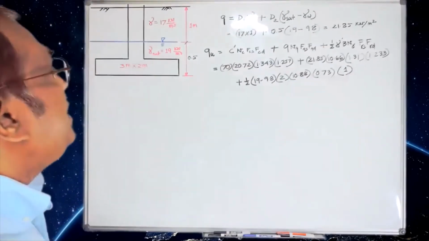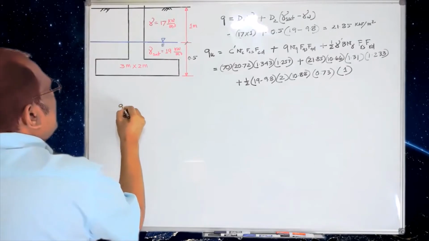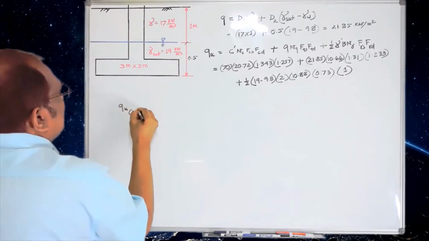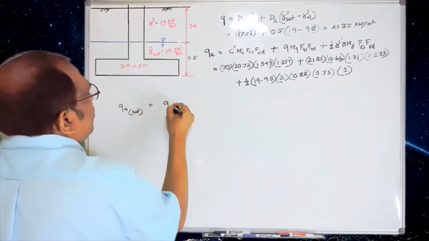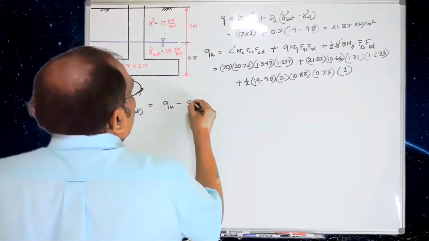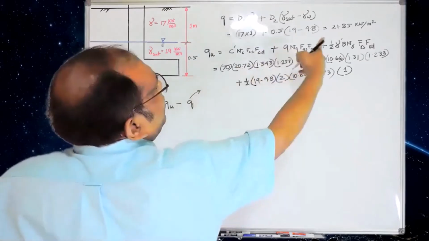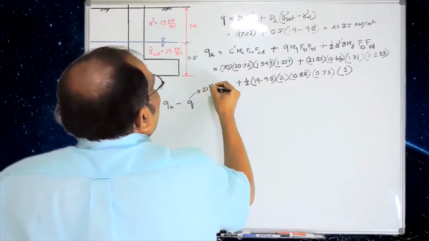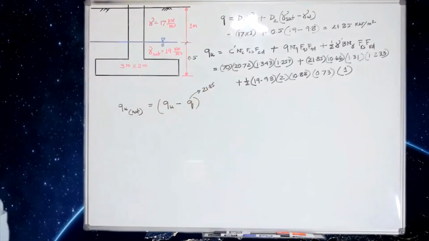And you see your qu net is basically your qu minus your q, which is actually 21 point something.